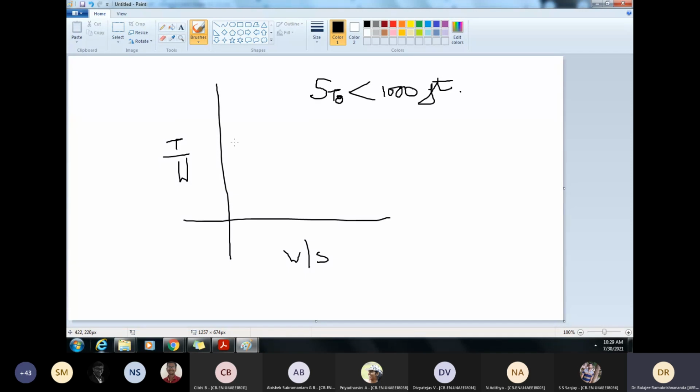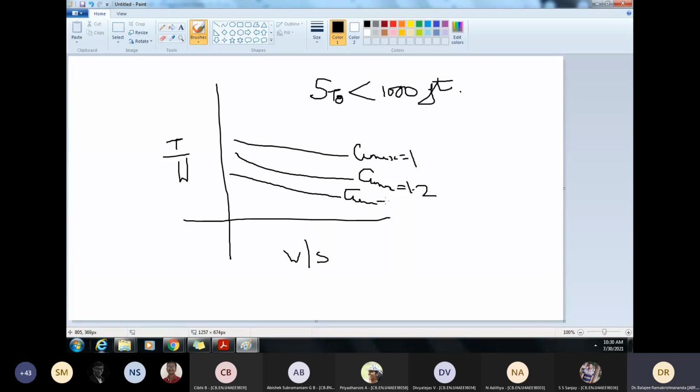In that case, you plot this for say CL max is 1, maybe CL max is 1.2, CL max is 1.6.